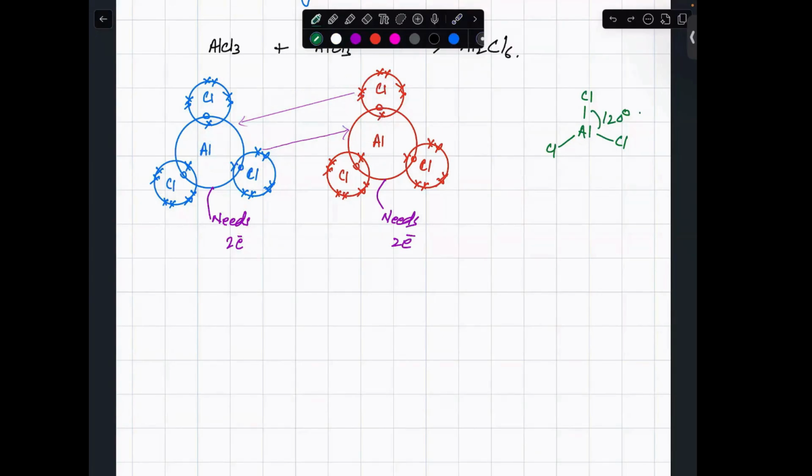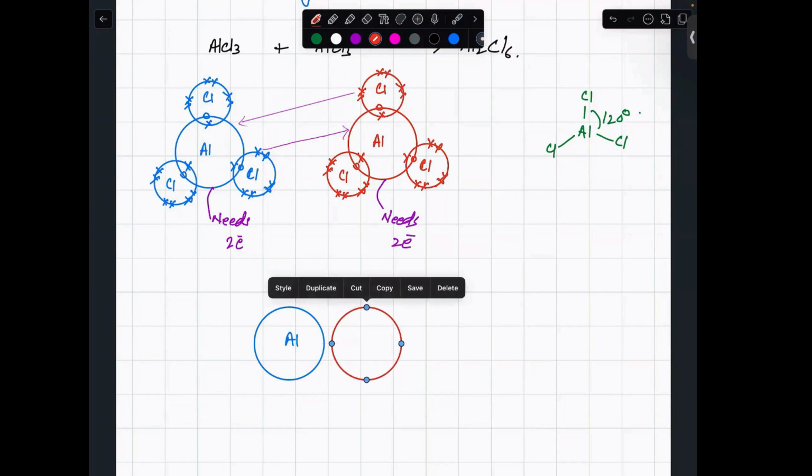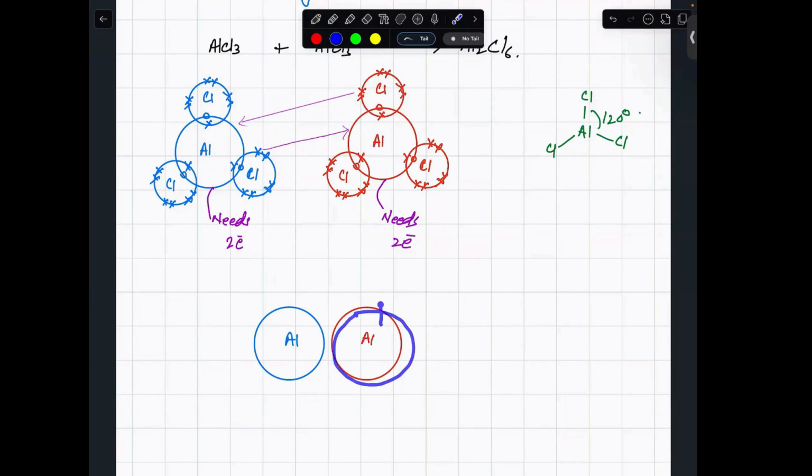So, if this is one aluminium, look, this is one aluminium. I'm keeping another aluminium close, but not overlapping, right? Now, what will happen? The chlorine of this will overlap with the other aluminium.